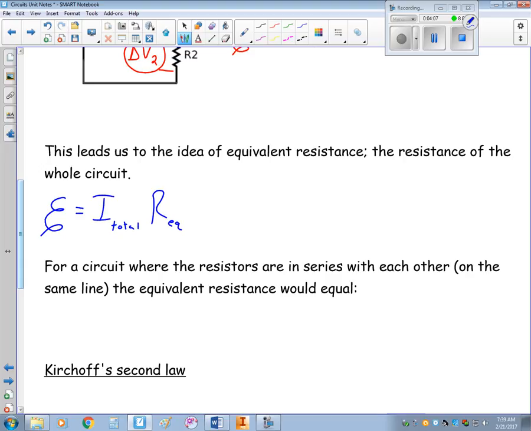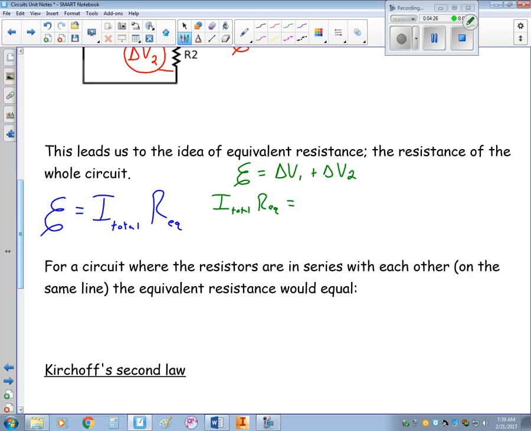So, using the equation we just derived, I can see that I have the total current times the equivalent resistance.